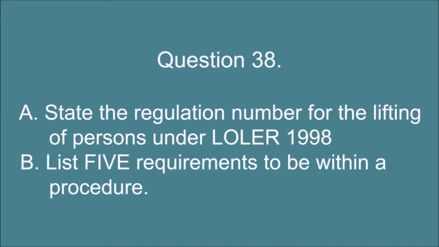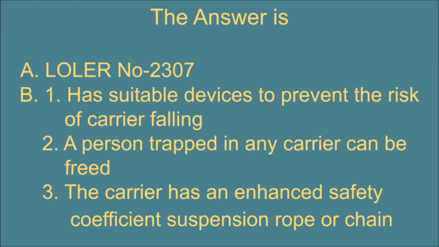Question 38. A. State the regulation number for the lifting of persons under LOLER 1998, and B. List 5 requirements to be within a procedure. The answer is A. LOLER regulation 2307. B. 1. Has suitable devices to prevent the risk of carrier falling. 2.